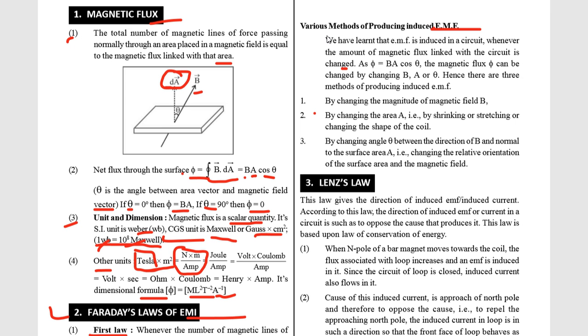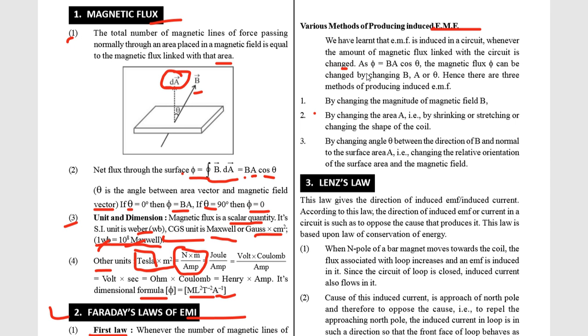If there is a change in magnetic flux linked with the circuit, then there must be induced EMF. If there is no change, there is no induced EMF. So induced EMF remains in the circuit as long as the magnetic flux is changing continuously. If we stop the changing magnetic flux, there will not be any induced EMF.